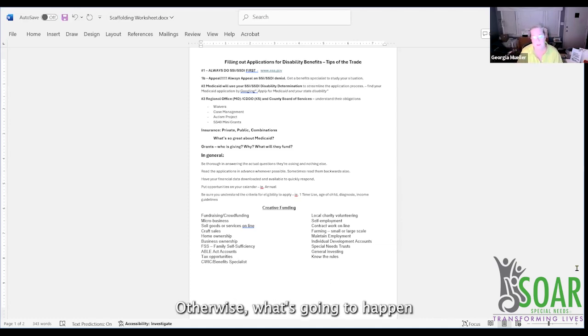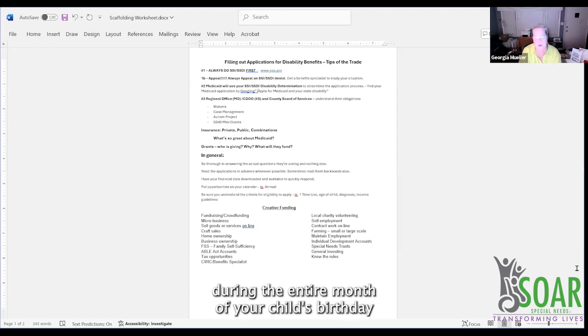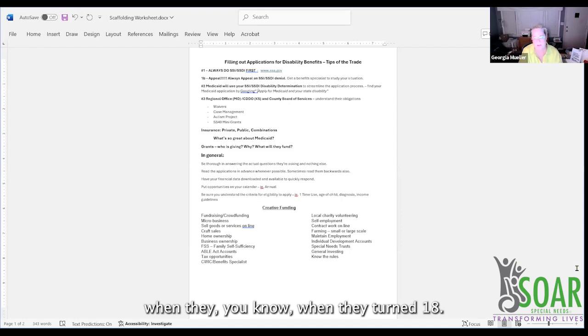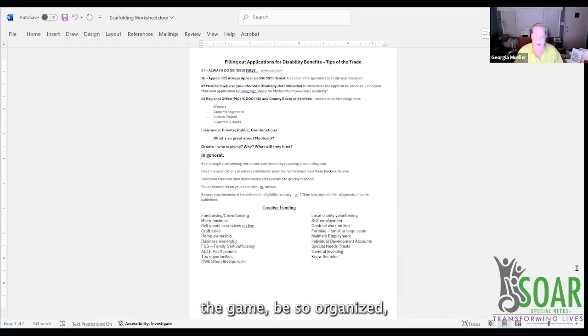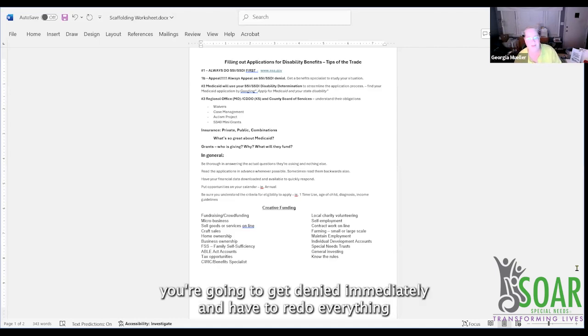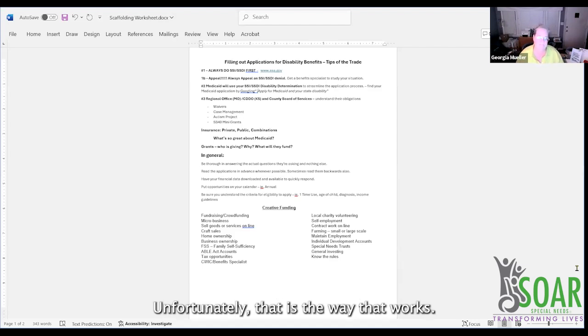Otherwise, they are going to count your parental income during the entire month of your child's 18th birthday. So don't think you're going to get ahead of the game and be so organized. You're going to get denied immediately and have to redo everything, because they're going to count your income for that month. Unfortunately, that is the way it works.